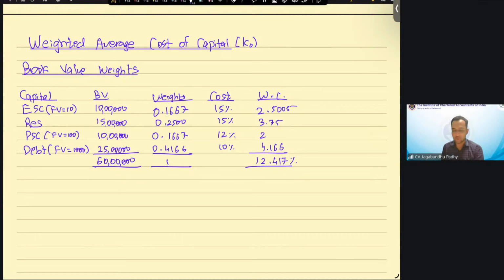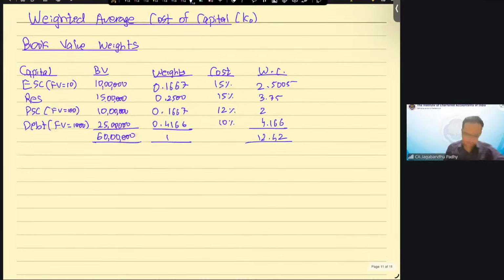So if we just add them all, let's check. 2.5005 plus 3.75 plus 2 plus 4.166. So this is definitely 12.42. Okay. So 12.42 is the weighted average cost of capital.